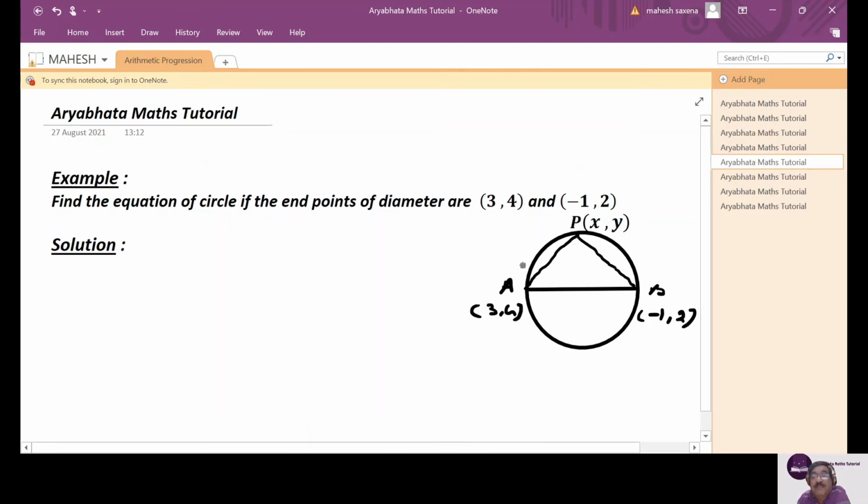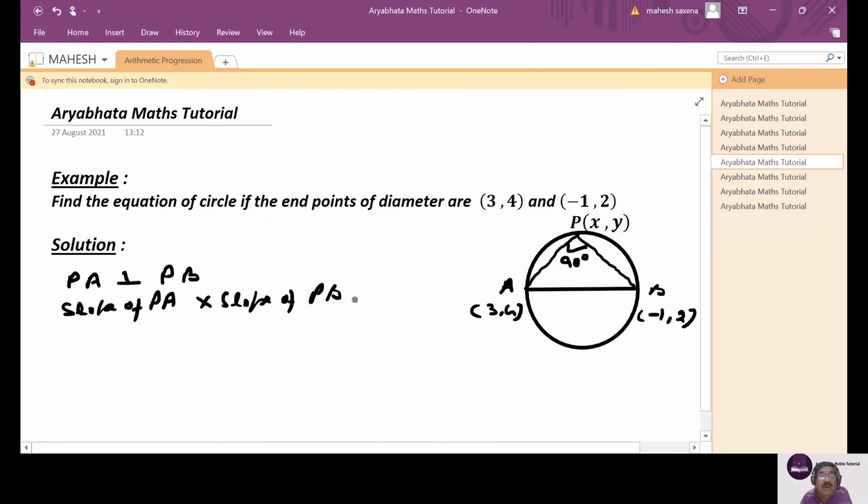Now since this point P is on the semicircle, therefore this angle will be equal to 90 degrees. Therefore PA is perpendicular to PB. Therefore slope of PA into slope of PB is equal to minus 1.